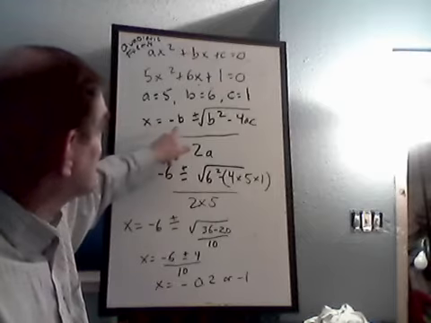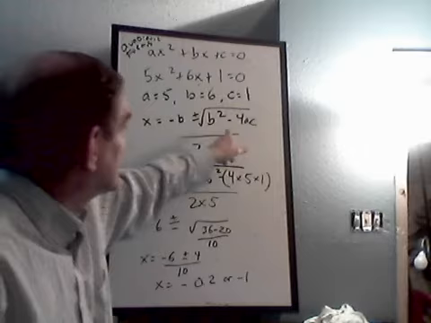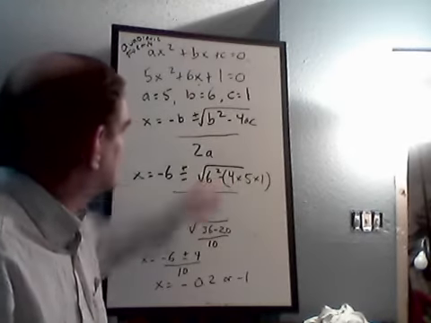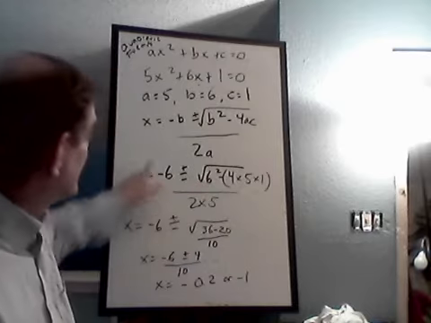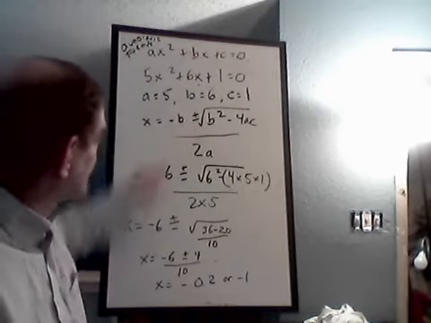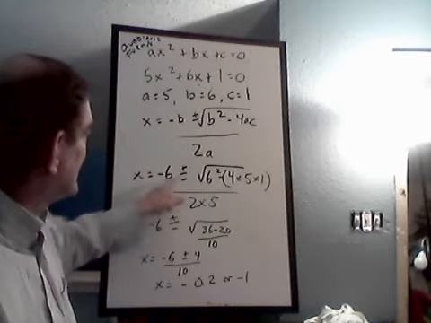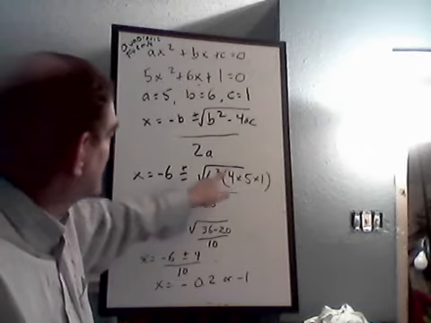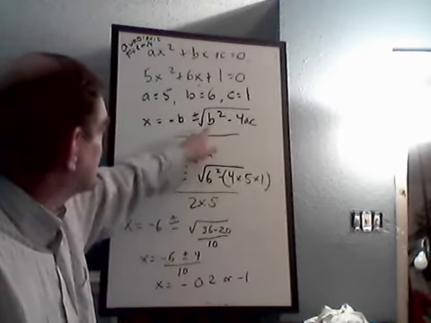x is equal to negative b plus or minus the square root of b squared minus 4ac over 2a. Which means, watch, b equals 6 comes down here. It's negative b, that comes down here. And then plus or minus the square root of 6 squared, which is b squared.